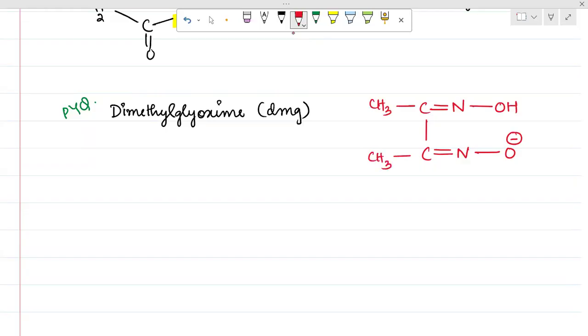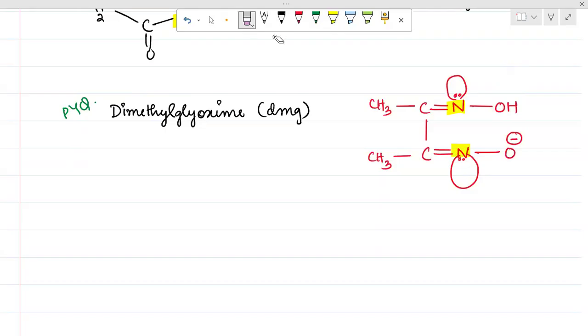This is the structure of DMG. Who are the donors? This nitrogen and this nitrogen, they'll donate. Very important, don't get confused. N atoms are the donors.